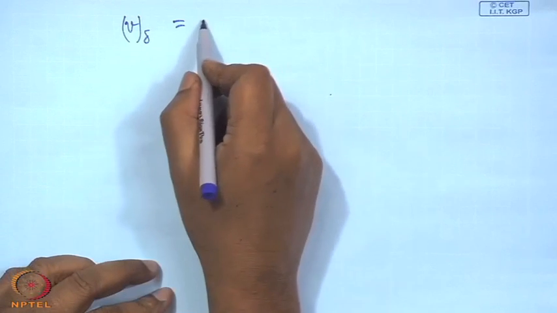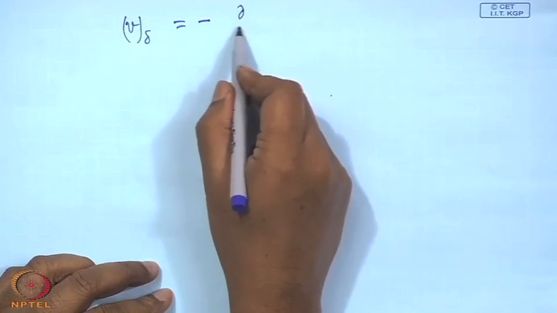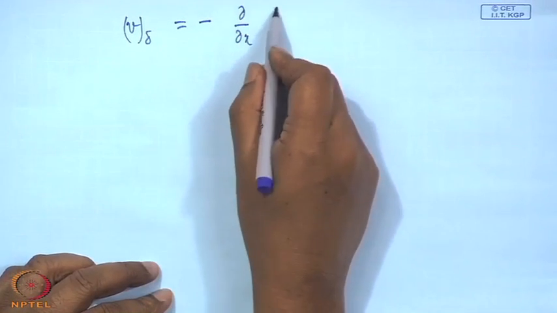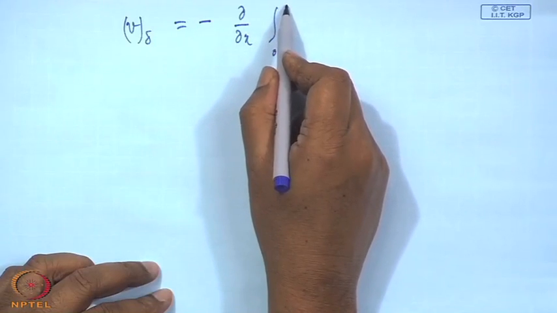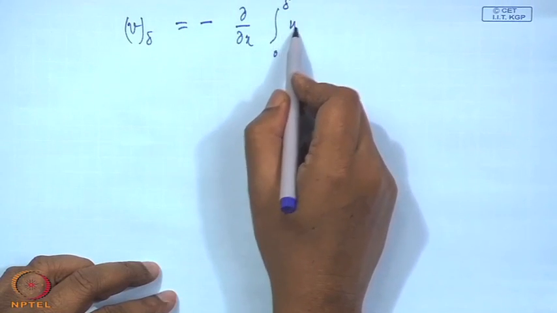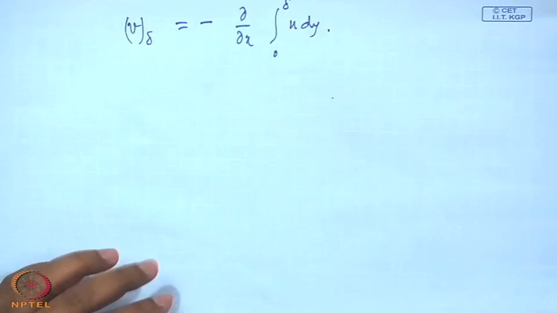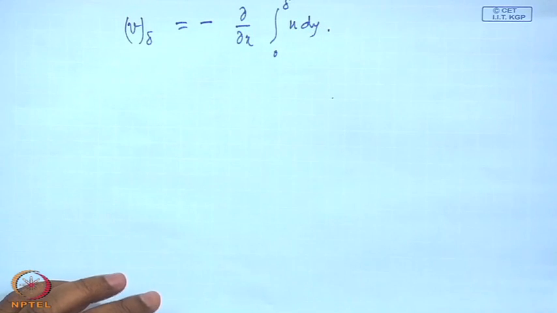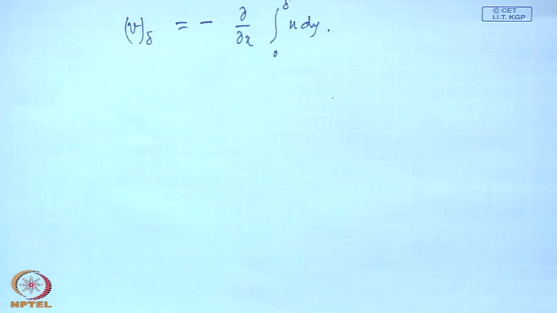The right hand side is 0. Right hand side, bring it in the form of delta star.